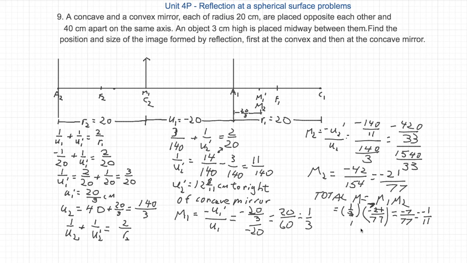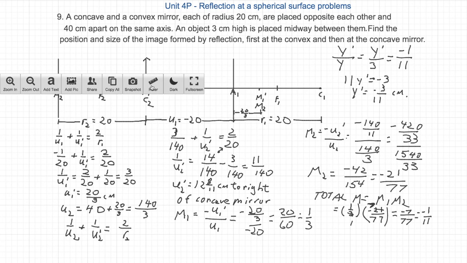Our total magnification is negative 1/11. That means it is an inverted, smaller image. Now to find the actual size, y prime over the object size 3 equals negative 1 over 11, and we get our image size of negative 3/11 centimeters.